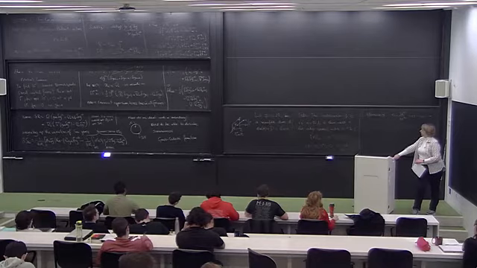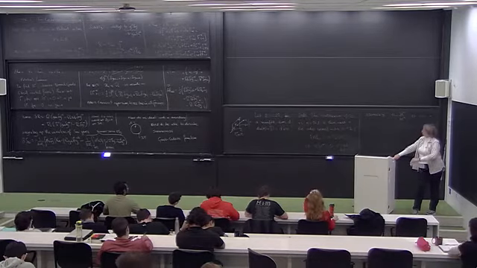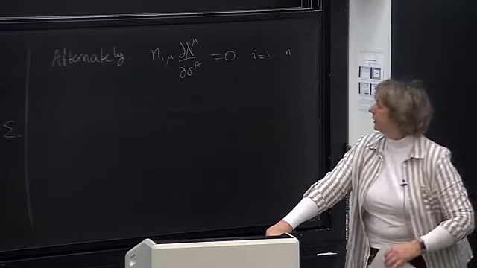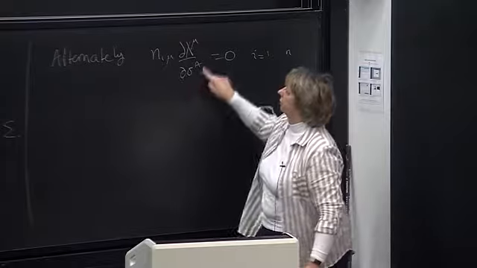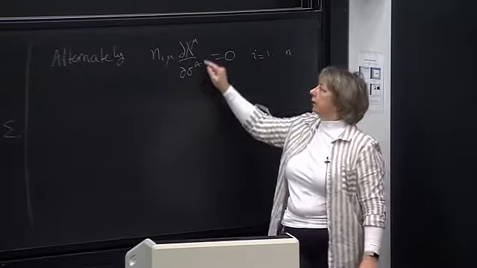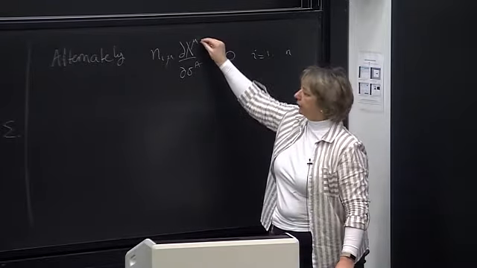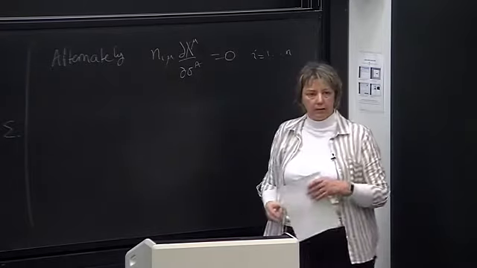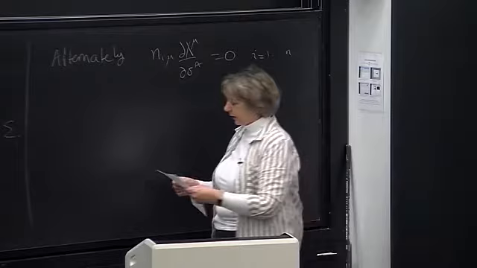We've got our coordinate basis in sigma, d by d sigma A, and that tells us that this quantity projects us down from the tangent space of the manifold M to the submanifold sigma.